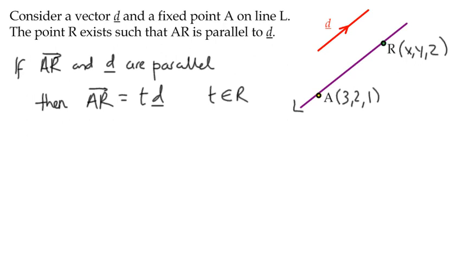So what we can say is, because they're parallel to each other, hopefully you know of vector quantities. If they're parallel vectors, then they have to be some kind of multiple of each other. So that's a true thing there.